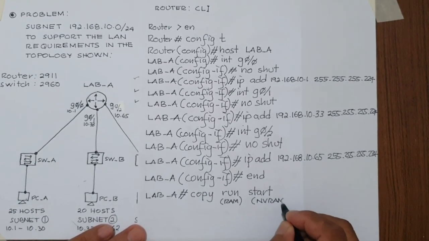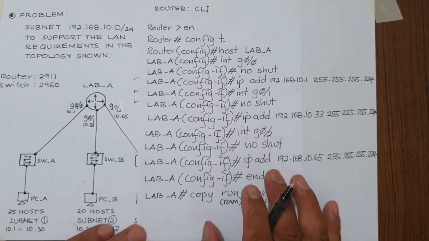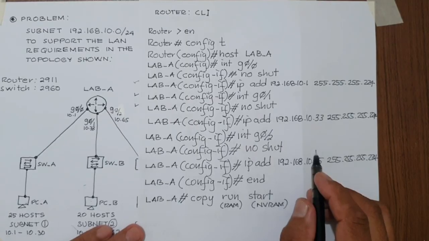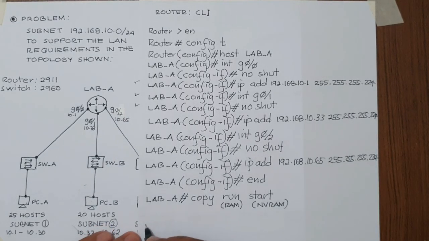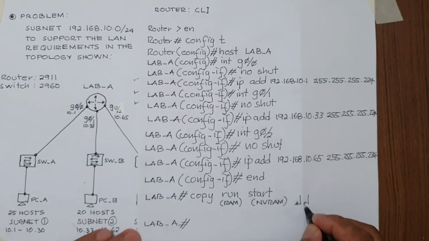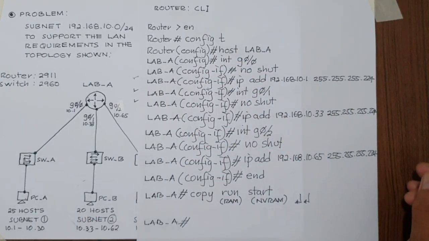That is the meaning of this command. As we press enter, it will ask for the default startup file. Just press another enter, so this will be double enter, and the configuration is already saved.